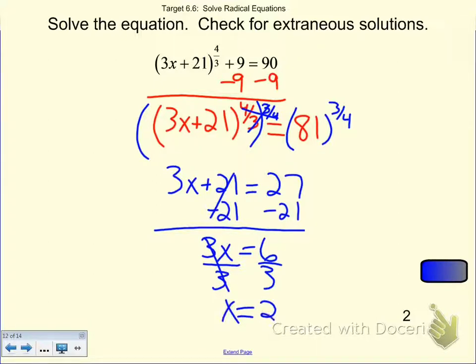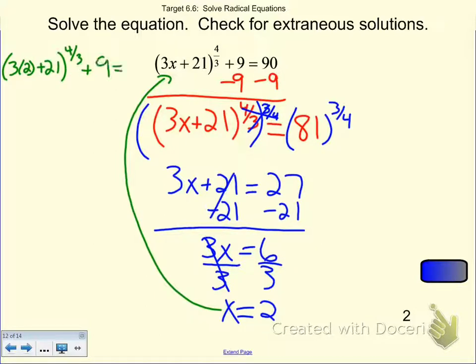Are we done? No, of course we're not done. We have to check our work and see if it works out. So we plug it back into the original equation. We have 3 times 2 plus 21 all to the 4/3 plus 9 equals 90.